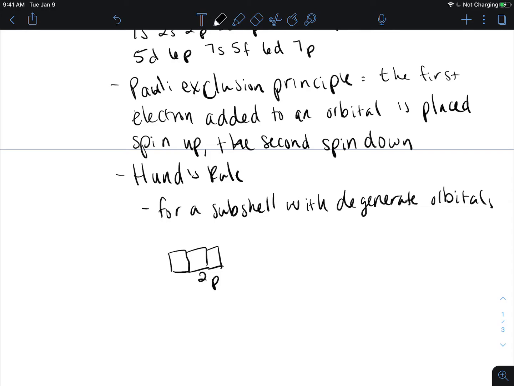Each of the orbitals are going to be the same energy, so these are going to be degenerate. When we add electrons in, we're going to add them into the orbitals singly first. So we'd add it in spin up, spin up, spin up first before we add an additional electron.